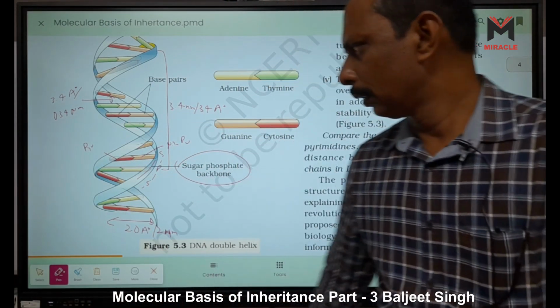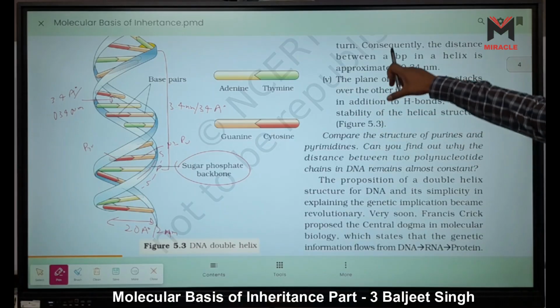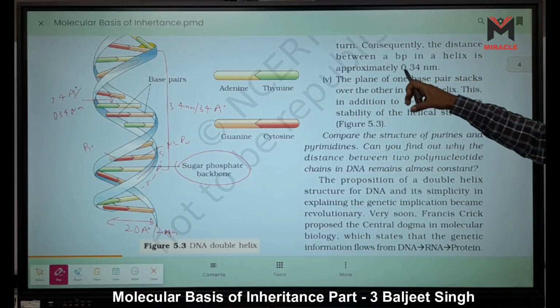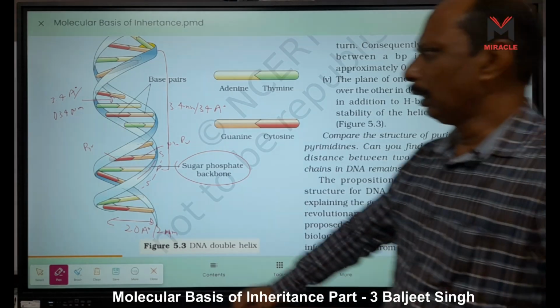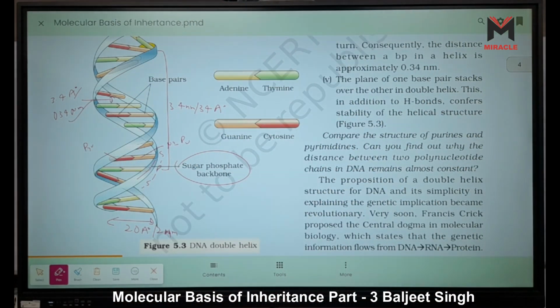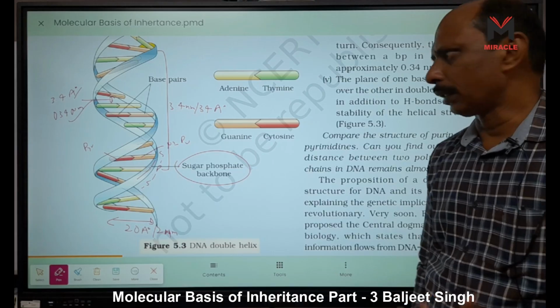Consequently, the distance between base pairs in the helix is approximately 0.34 nanometer. As I already told you, 0.34 nanometer, or 3.4 angstrom. It depends upon what unit we take.